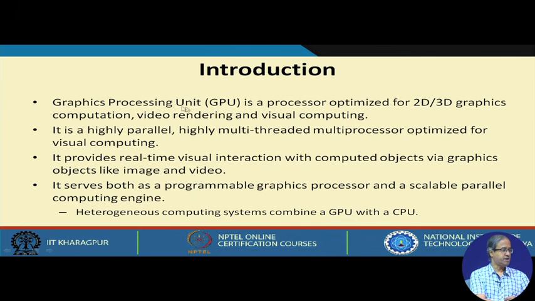So, first let us try to explain what a graphics processing unit is. Well, traditionally GPUs were used as a graphics accelerator card to a processor, because with the years the requirements and the demand of graphical processing, video, multimedia has increased.